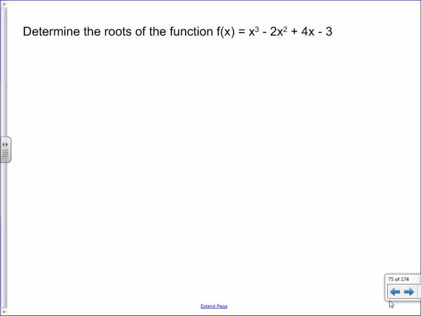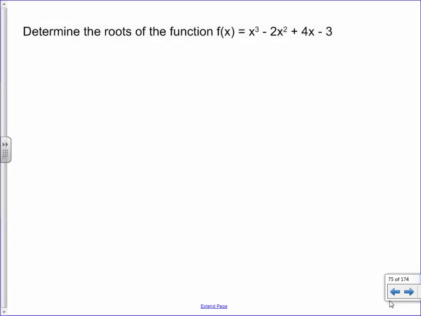So focus on the number 3. If that last coefficient is 3, you really only have 4 possibilities that are worth checking, right?